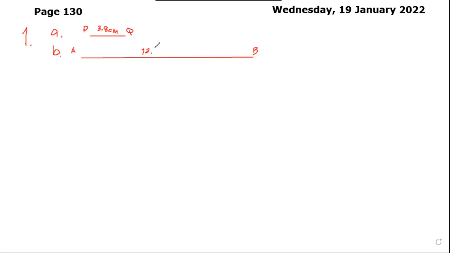Use the ruler to get exactly the length given. That's easy.